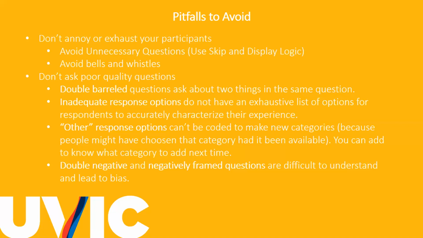That's actually really not a great practice, because people who didn't have the idea to use the other may have fit themselves in somewhere else when really they fit better in that other. And because they didn't have the option to choose that category when it was available, the new category is going to have poor sensitivity, meaning it's not going to be able to pick up people who identify that way.